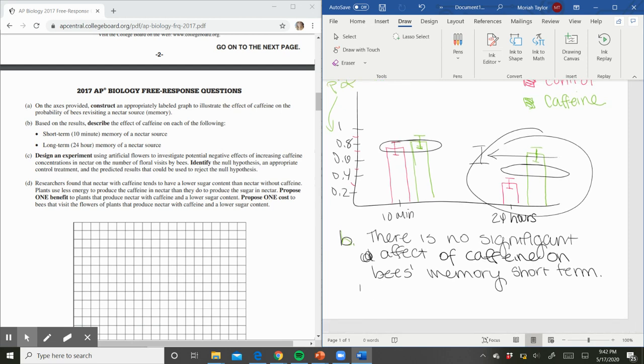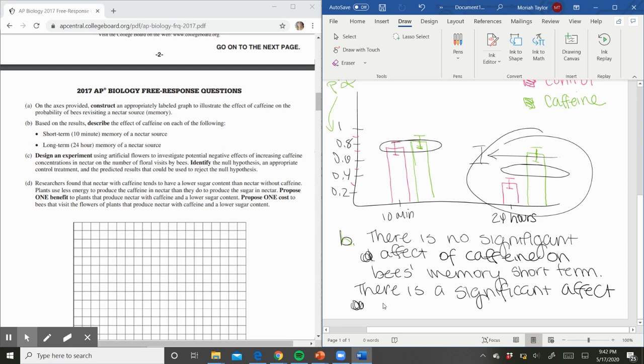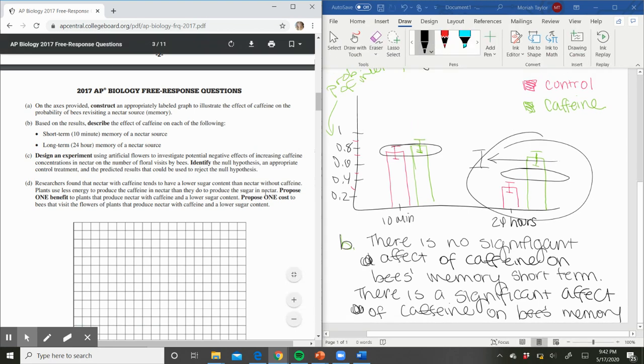So we can say there is a significant effect of caffeine on bees' memory, and that's going to be long term.